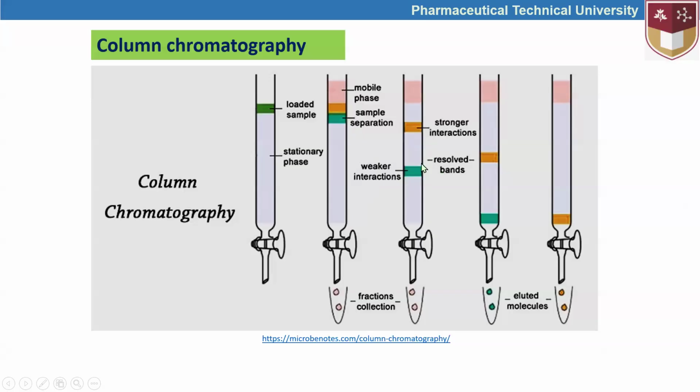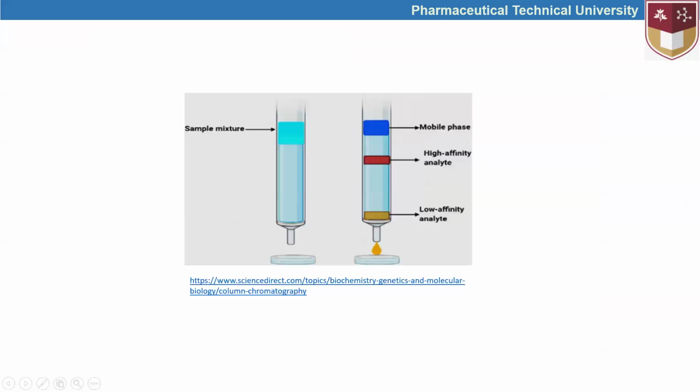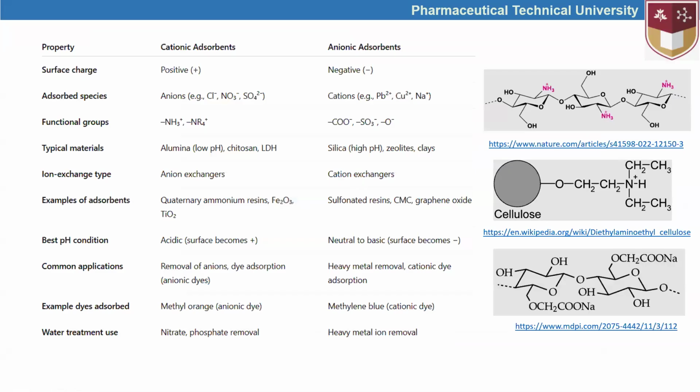The weaker the interaction, the faster the elution, as we talked earlier. And here we can make a similar conclusion. The low affinity, the lower interaction, the faster elution. The high affinity, the higher interaction between the compound and the sorbent, so the elution is slower, as we talked.